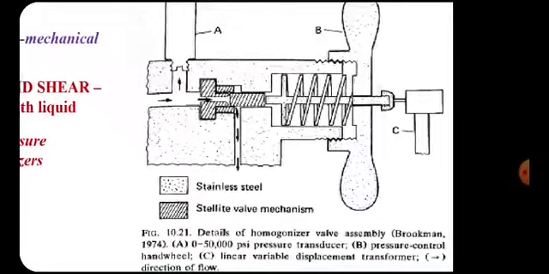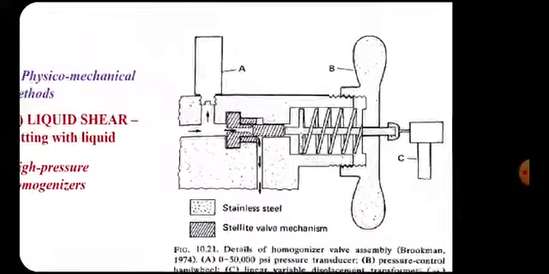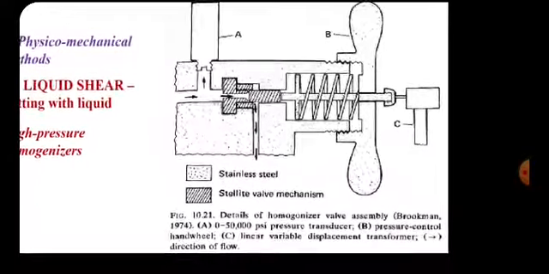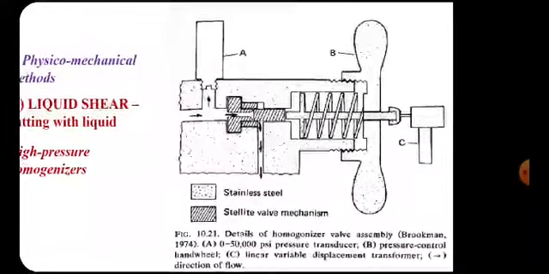You can see the parts of this. Part A, as it is labeled, is the pressure transducer, which generates the pressure. Part B is the control system that controls the pressure, the pressure control hand wheel.